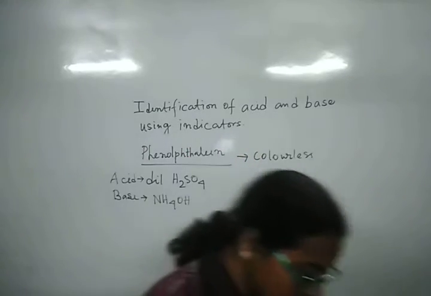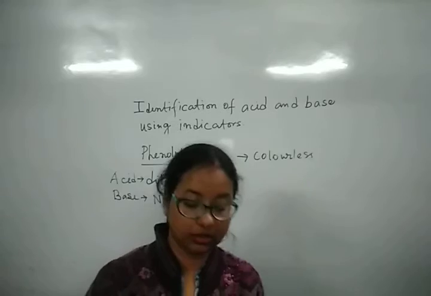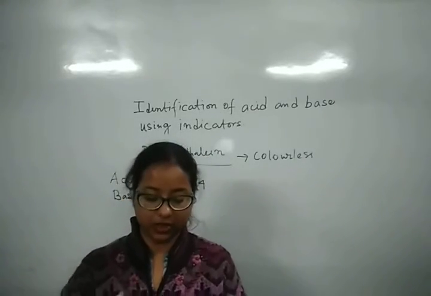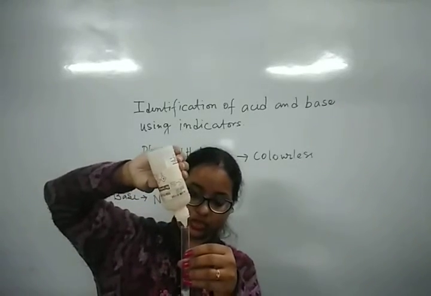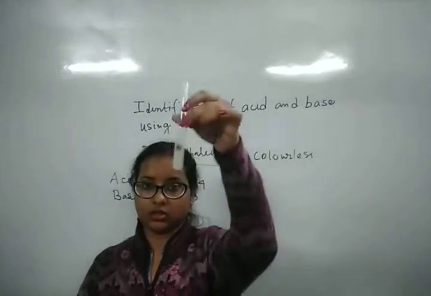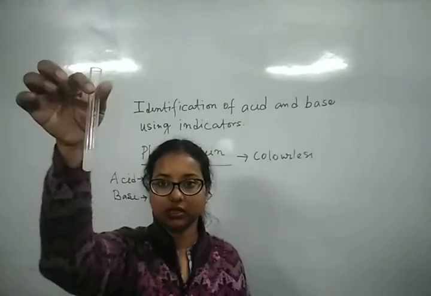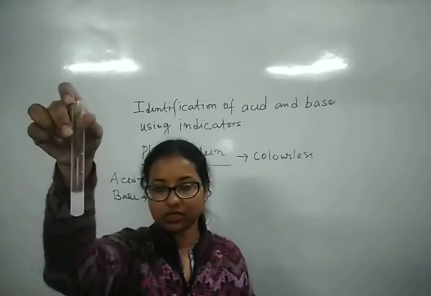Now in this I am going to add the indicator. Two to three drops of this indicator will be enough. Now after shaking this, I am showing you the color. See, it's white only, no color change in that sense.